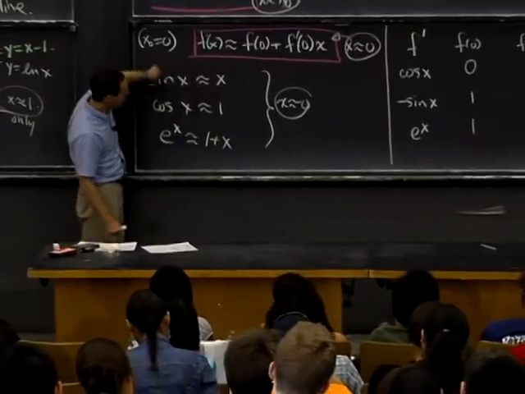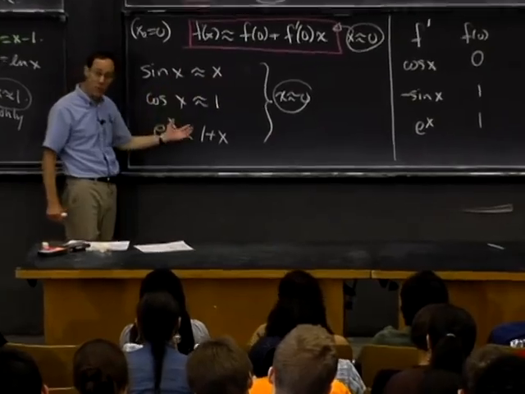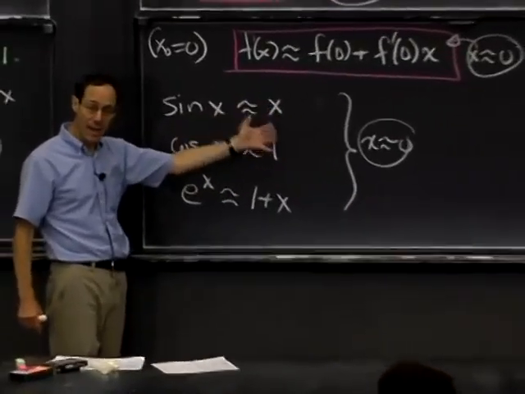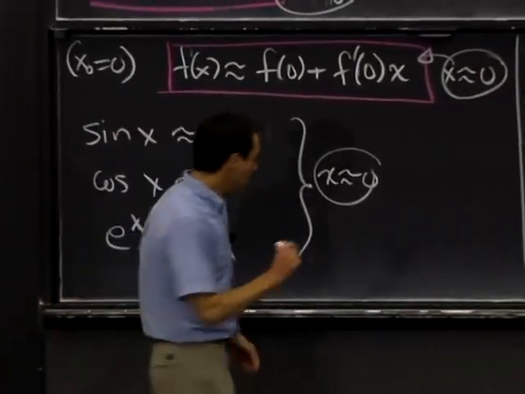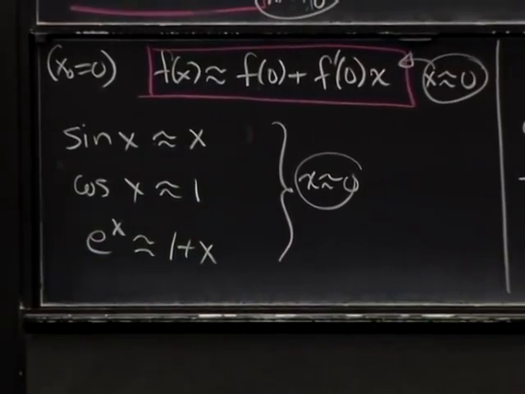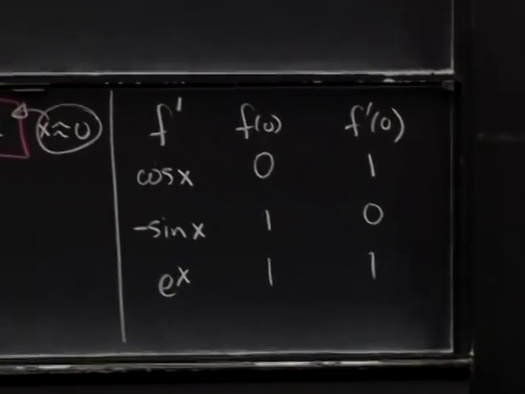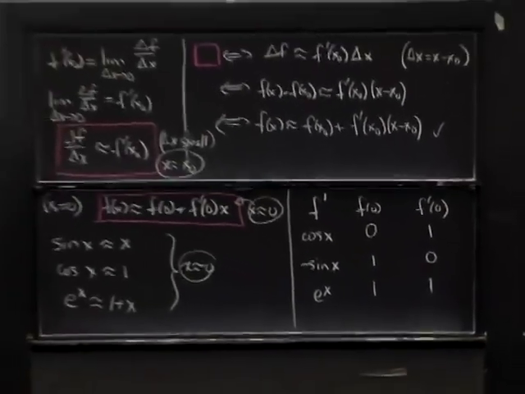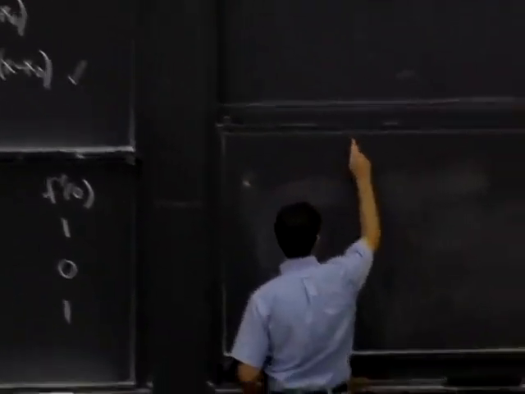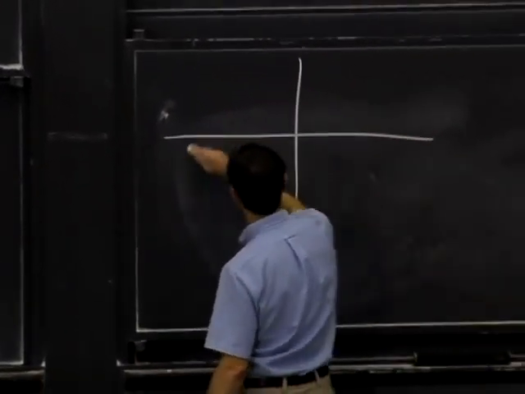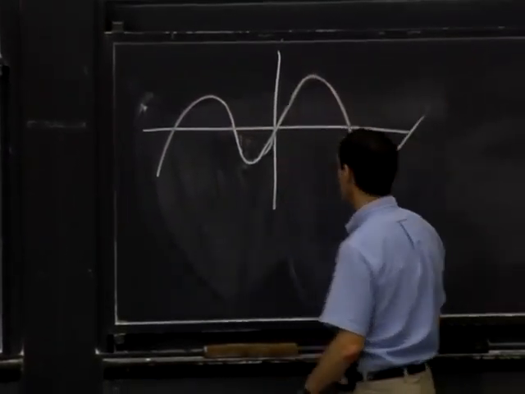This collection of information encodes the same information as we have over here for the values of the functions and the values of their derivatives at 0. So let me just emphasize again the geometric point of view by drawing pictures of these results. First of all, for the sine function, here's the sine.